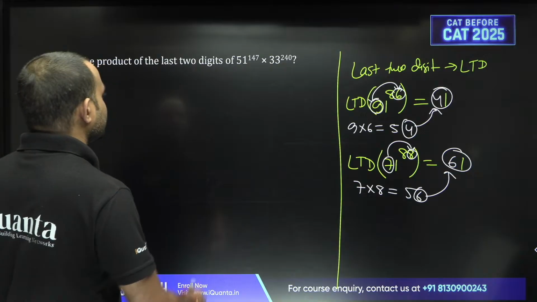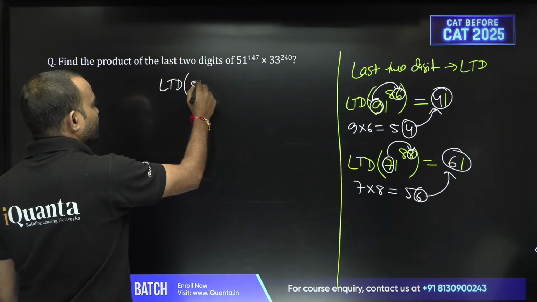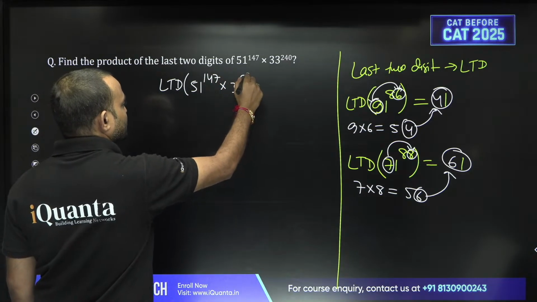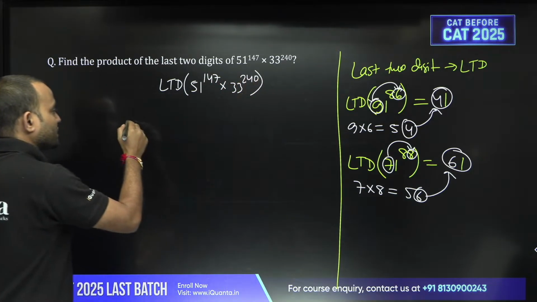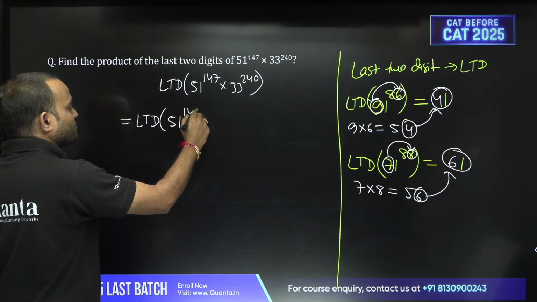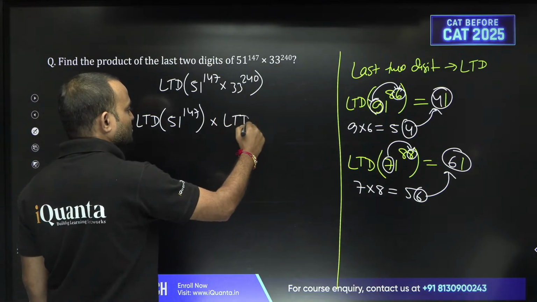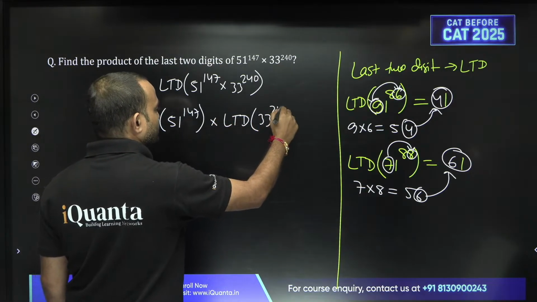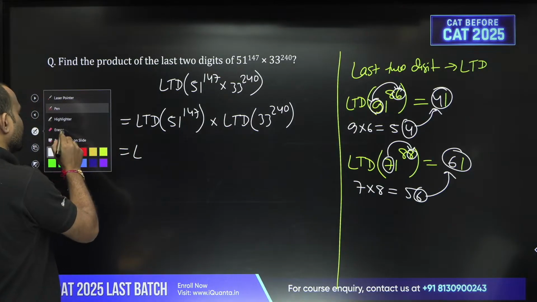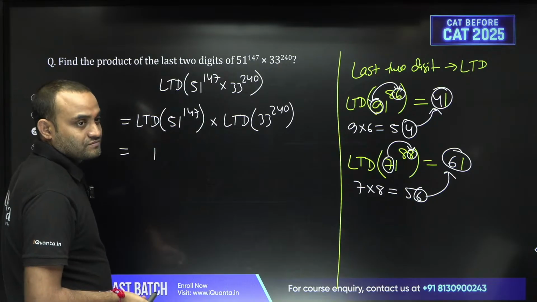Using that we can say last two digits of 51 to the power 147 into 33 to the power 240 will be equal to last two digits of 51 to the power 147 into last two digits of 33 to the power 240, which we can write, this will be straight away 5 into 7 is 35.